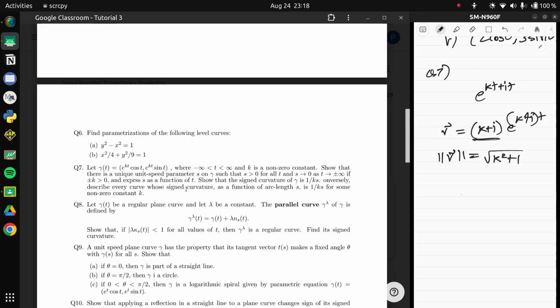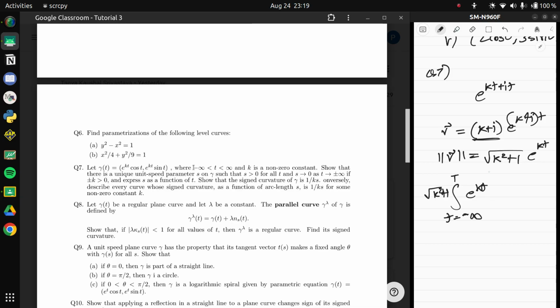Right, so, whoa, wait a second. Okay, that is legit weird. No, obviously this is wrong. This times e power kt, because e power it is going to be 1. So basically just integrate this stuff, square root of k square plus 1 e power kt from t equal to negative infinity to something.